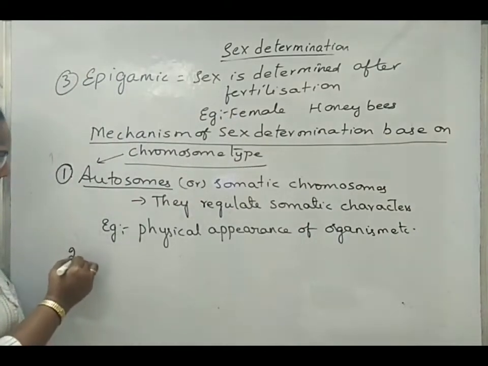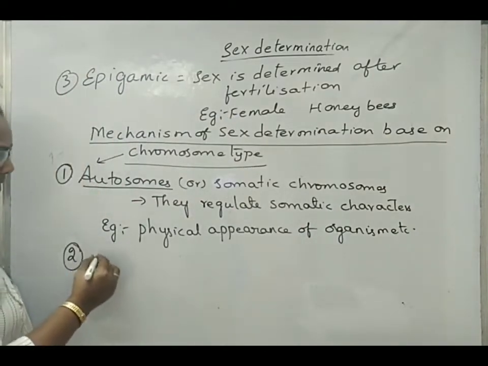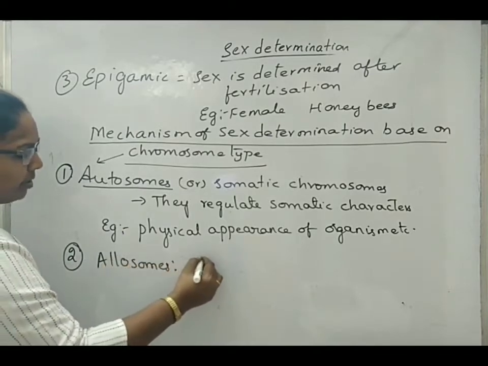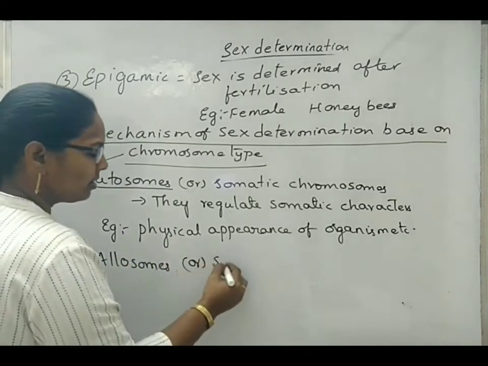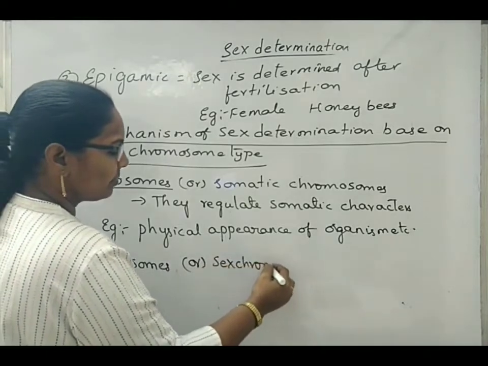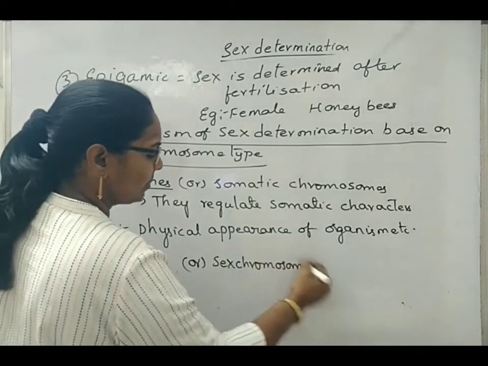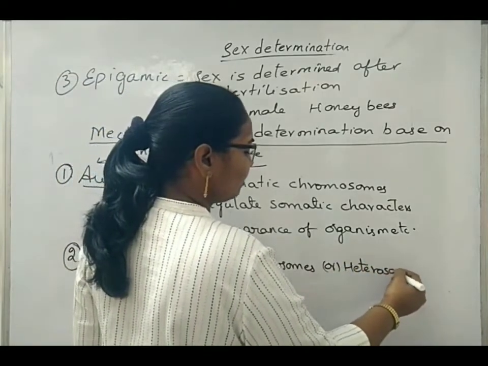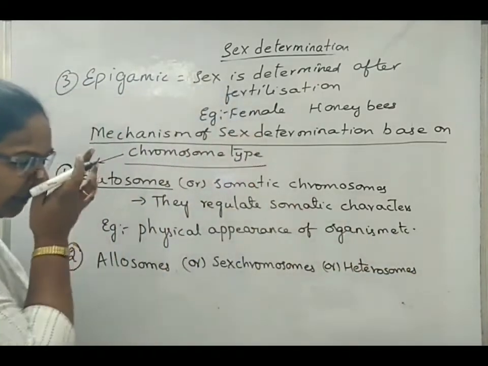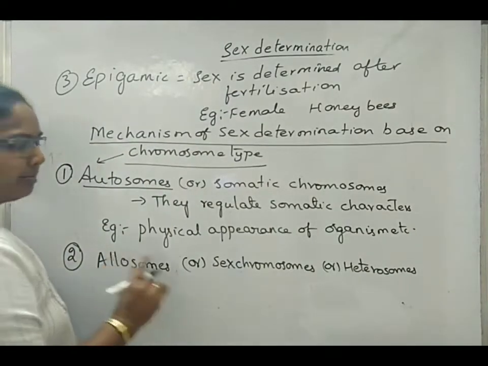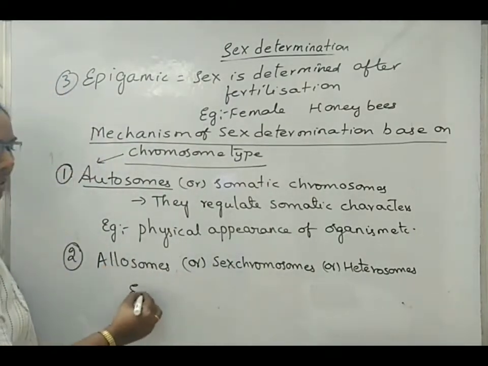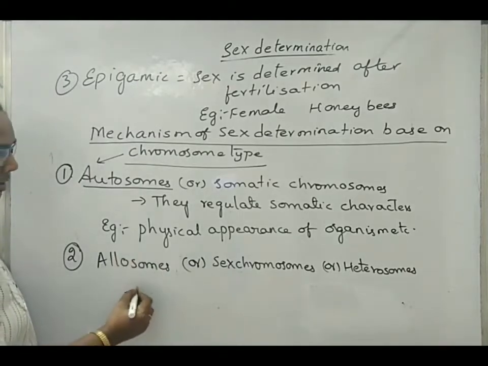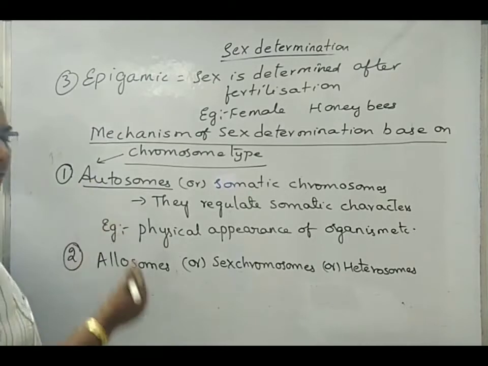Next, the second type of chromosomes are allosomes. Allosomes we also call sex chromosomes. We also call them heterosomes. Now, first we will see their function, as we have seen for autosomes.